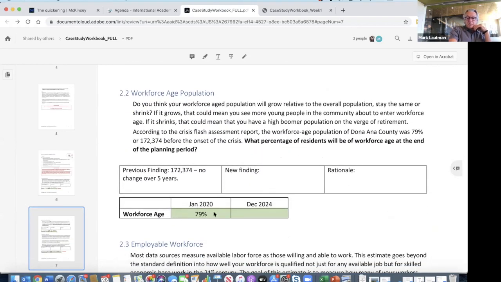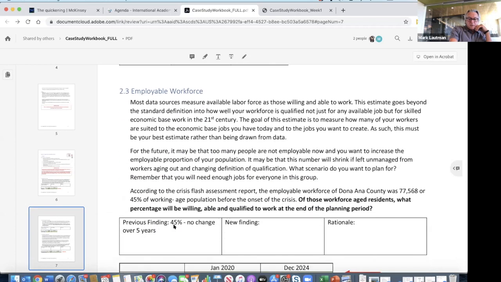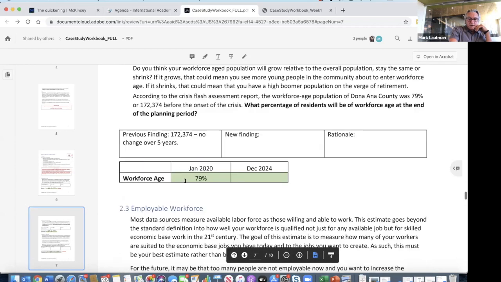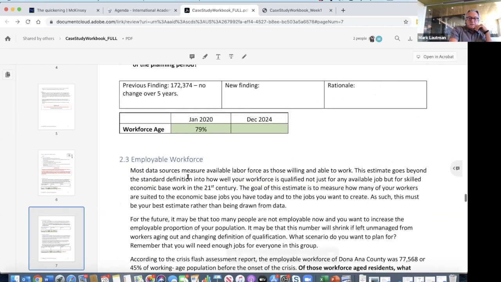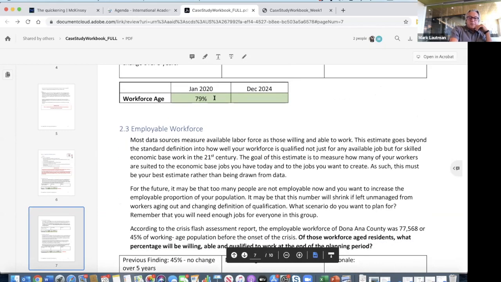Workforce age 79%. I thought we had 43. 45%. There's 45 right here. Employable workforce. Oh, employable workforce. This was what percentage of your population is.